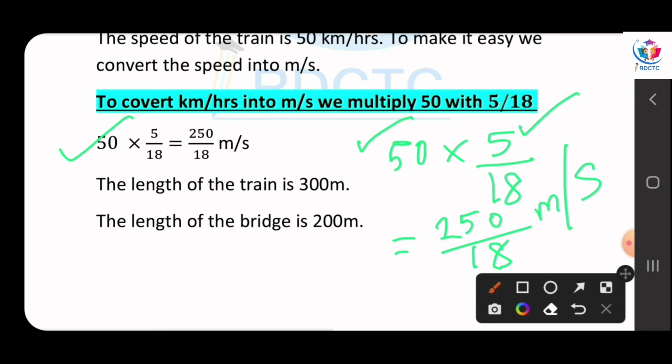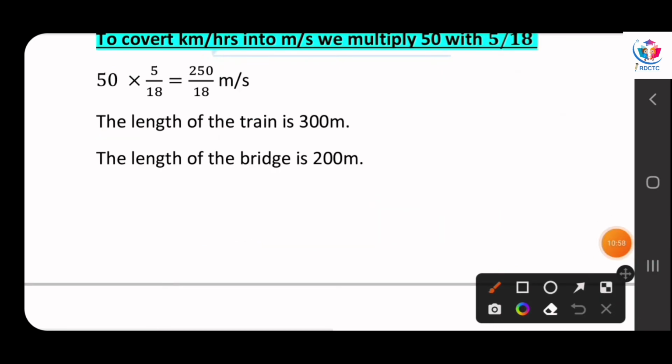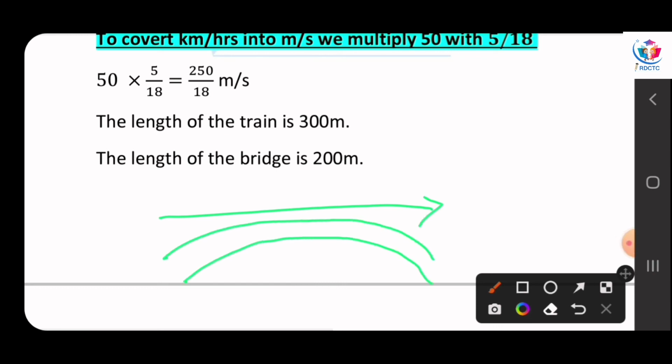The length of the train is 300 meter and the length of the bridge is 200 meter. When a train passes through a bridge, it means the train covers its own length as well as the bridge length also.